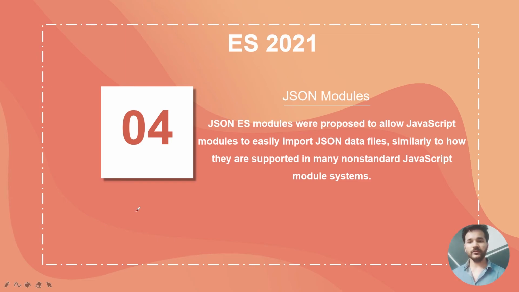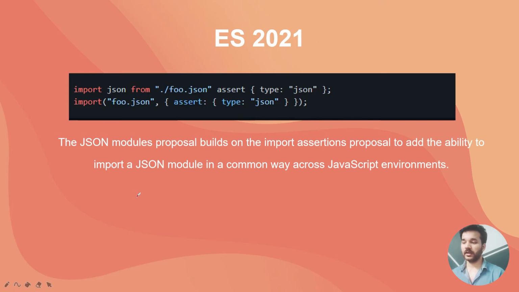Earlier in JavaScript, if we had to import JSON files, we had to import them as normal files. But with this feature, the JSON format file will be imported as a module. It will check based on an object key value, type equal to JSON, and this will be imported as a JSON value. As you can see, this is how we can import our JSON format files, and this program is for telling whether it is a JSON format file or not.